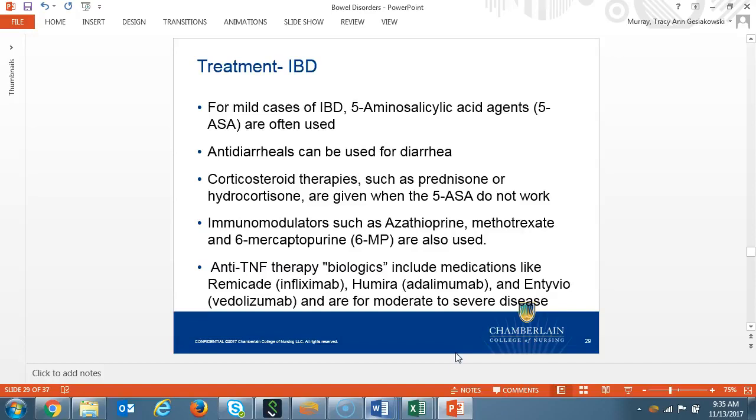Finally, a newer class of medications called anti-tumor necrosis factor therapy, biologic response modifiers, or biologicals, are used for patients with moderate to severe disease. Biologics include medications like Remicade or infliximab, Humira, adalimumab, and Entyvio, vedolizumab. These can also increase the patient's risk of infection.